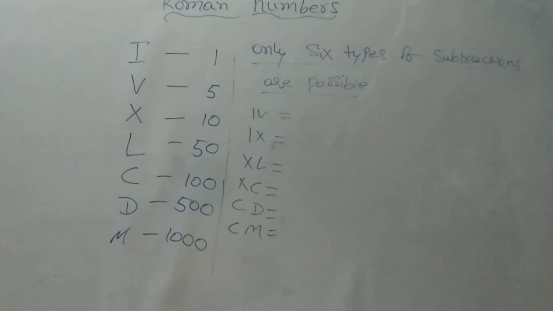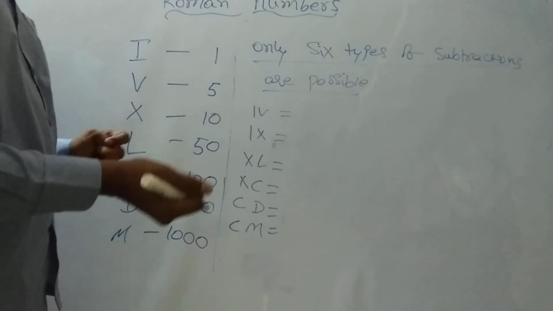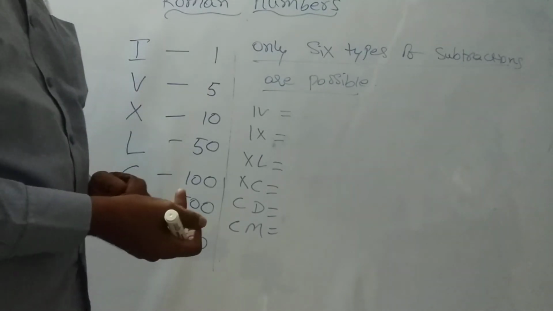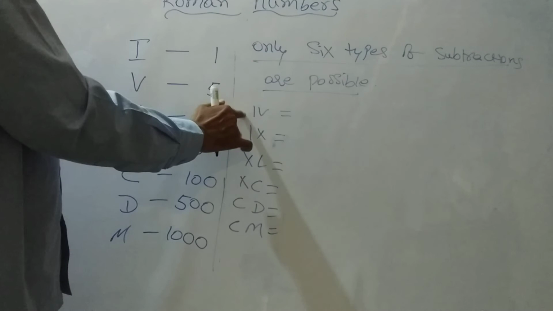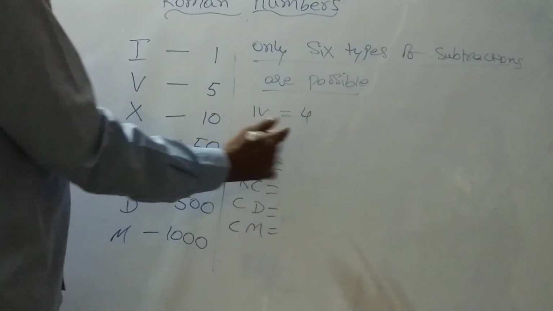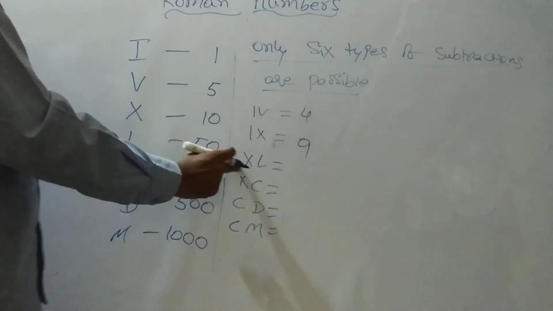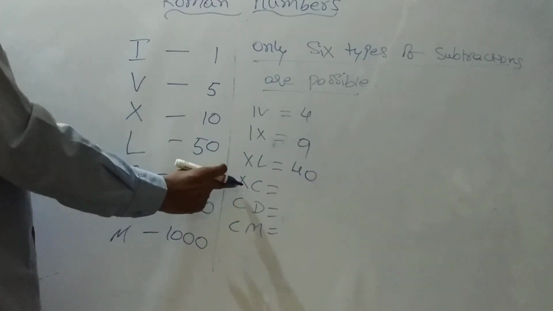As a final conclusion about the subtraction rule, only 6 types of subtractions are possible in Roman numerals. First one is IV, that is 4. IX, 9. Next, XL, 50 minus 10, that is 40.